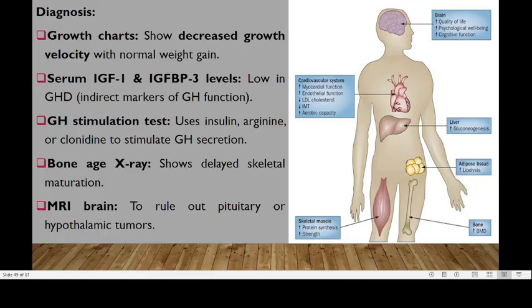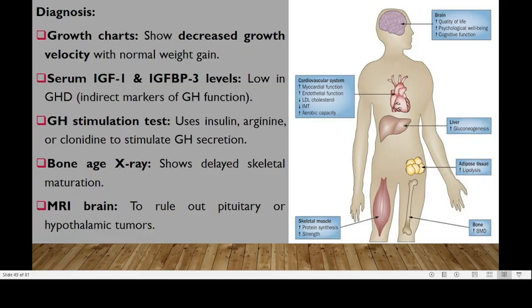In terms of diagnosis, you could use growth charts that will show decreased growth velocity with normal weight gain. We also have serum IGF-1 and IGF-BP3 levels that will be low in growth hormone deficiency, as indirect markers of growth hormone function.